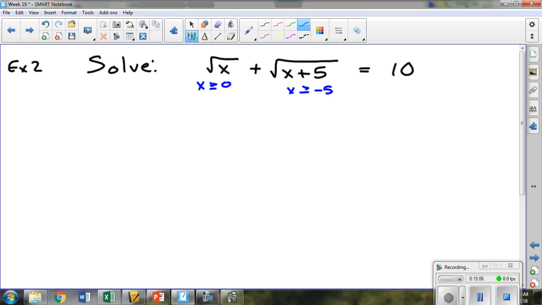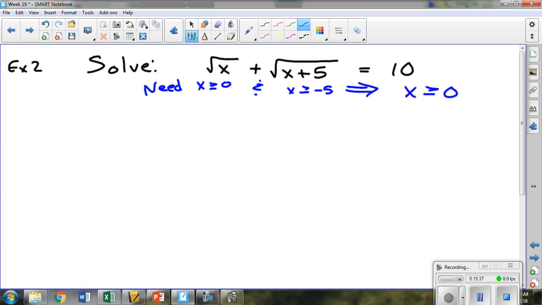When x is greater than or equal to 0. So because we need both of them to be true, we get x is greater than or equal to 0 for our domain. Immediately, we know that in the end, if we get a negative answer, we can throw it out because it violates the domain.